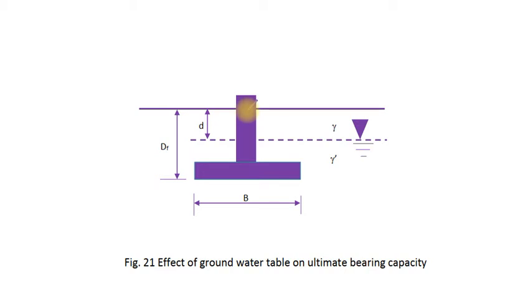We have three cases of the effect of water table on the ultimate bearing capacity. In the first case, the water table is located between the top of the soil and the base of the foundation, so D is greater than 0 and less than DF, the depth of foundation.